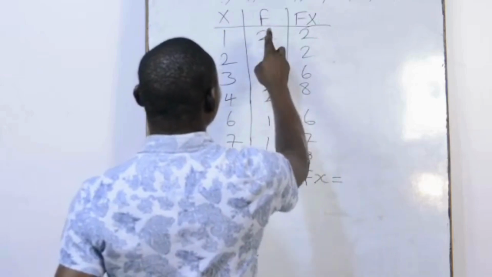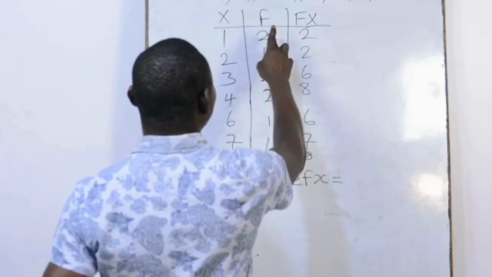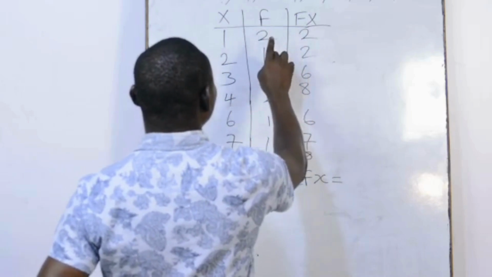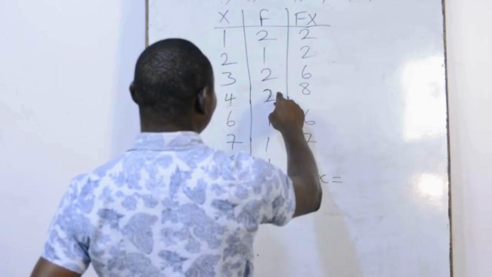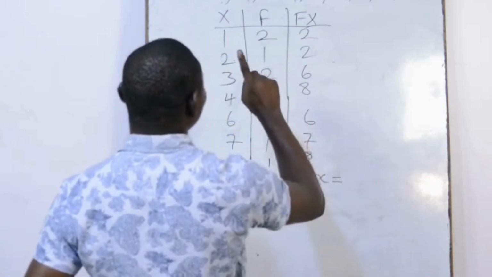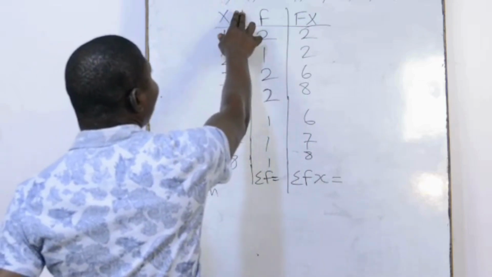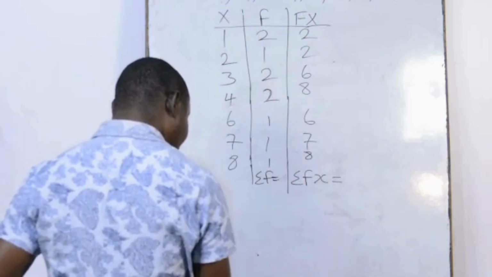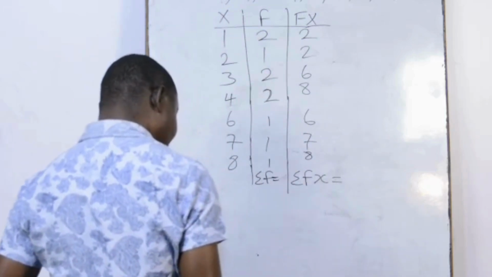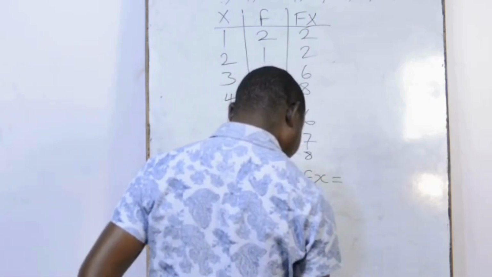How many 1s? 2. Then 2. Let's add it together. 3, 5, 7. Then 4. So that one will be 10.